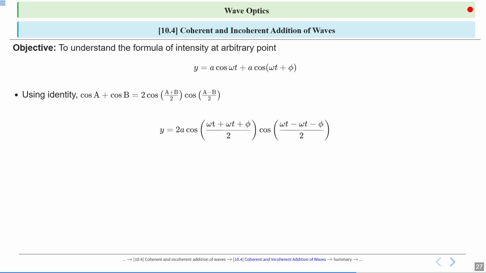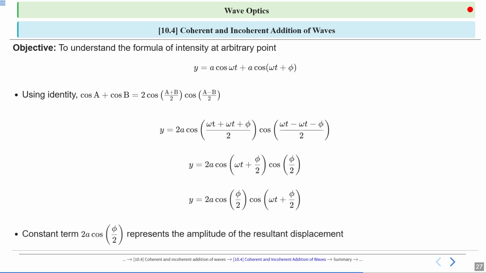So 2A cos((omega t plus phi) upon 2) cos((omega t minus phi) upon 2). 2 omega t plus phi by 2 means omega t plus phi by 2. And cos of minus phi by 2, cos will consume the negative sign, so that's why cos phi by 2. After rearranging, y equal to 2A cos(phi by 2) cos(omega t plus phi by 2).